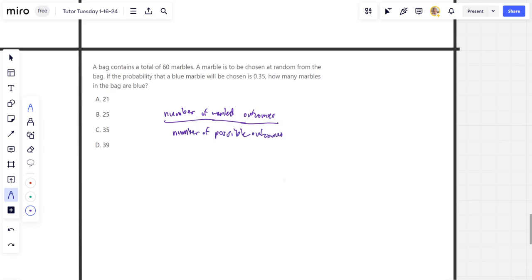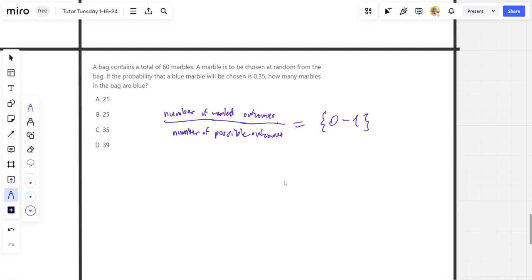And that gives you a 0 to 1 or 0 to 100% number that represents 0 being impossible, 1 being completely likely.